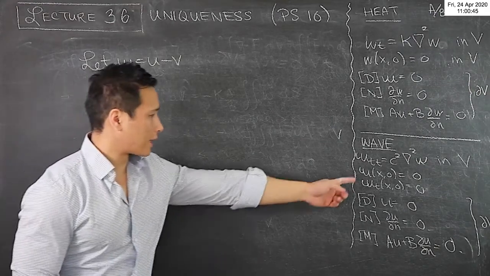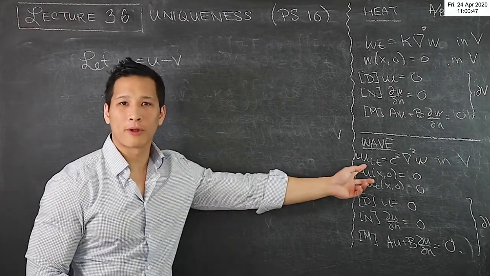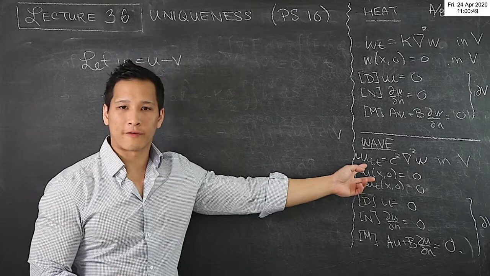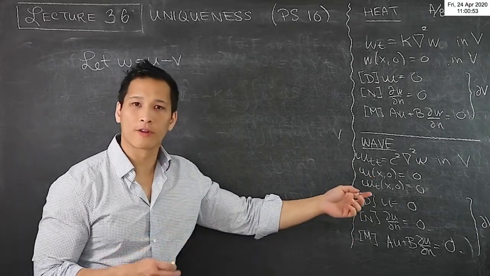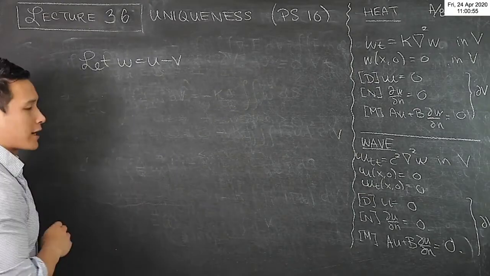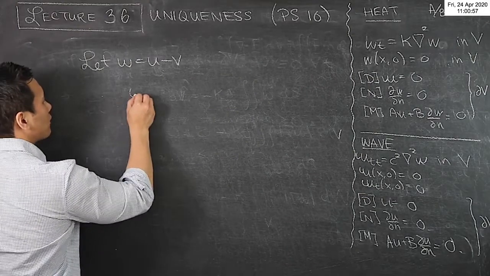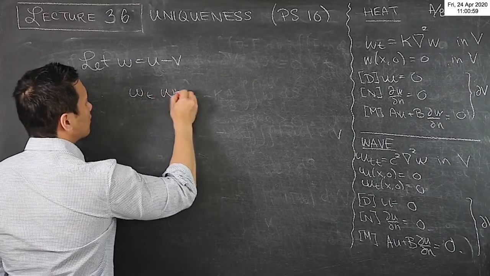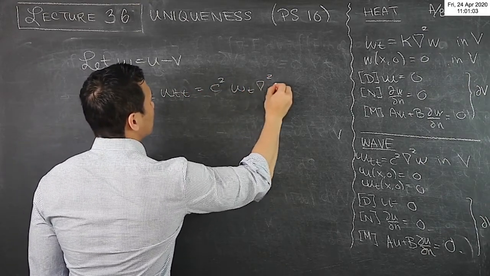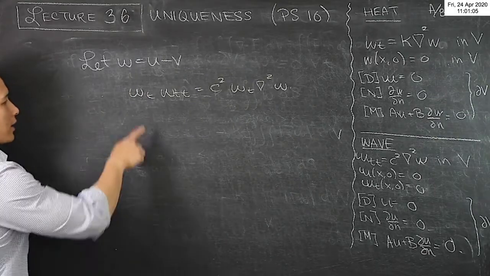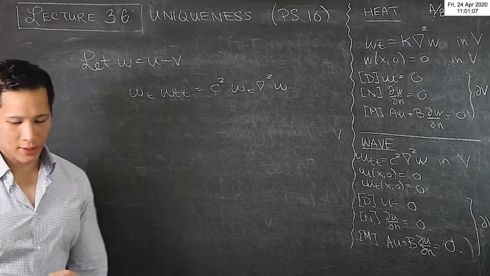Okay, so again, you're going to start off with a wave equation, multiply it by a factor, and then integrate over the volume. In this case, the factor is w_t. So I'm going to multiply the wave equation by w_t. This is our c squared w_t times the Laplacian of w. And then again, rewrite this left-hand side as a derivative.